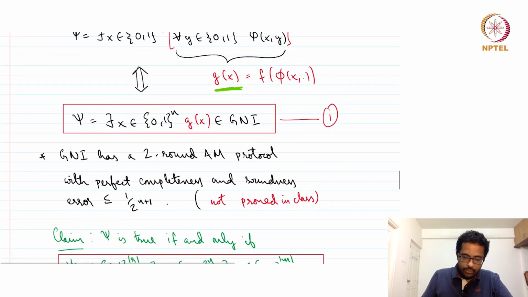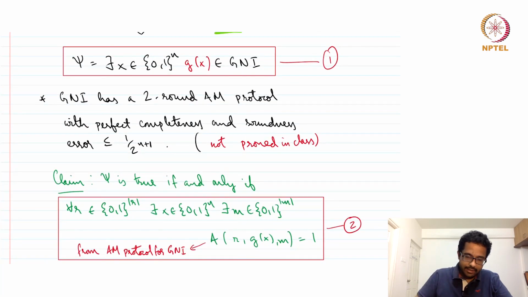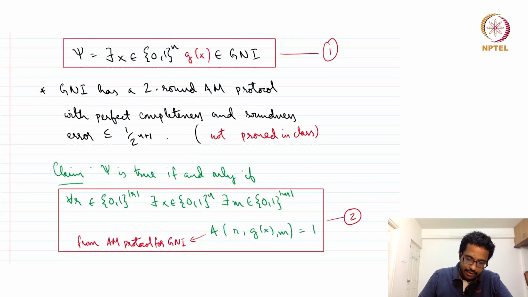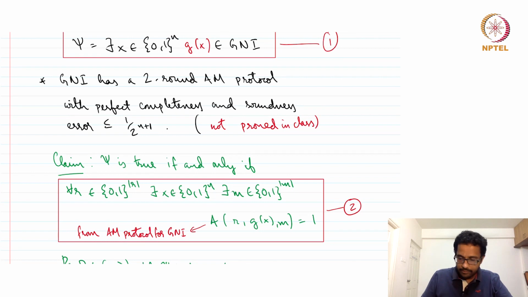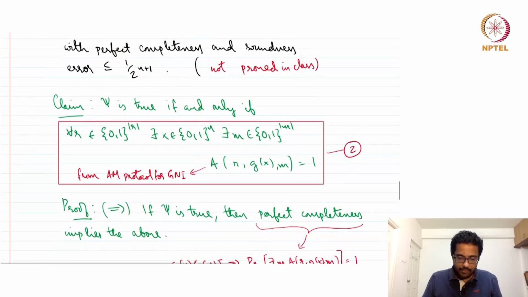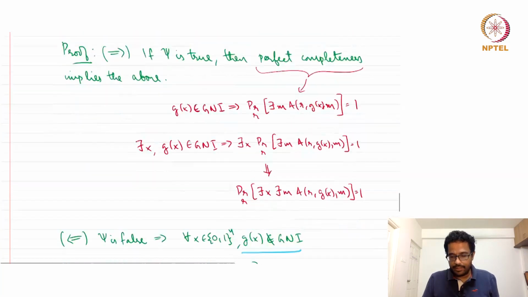Then we used the 2-round AM protocol that we saw to reason the equivalence between 1 and 2, and 2 is of the pi 2 form. So that implies that an arbitrary language in sigma 2 has a pi 2 characterization, proving what we wanted.